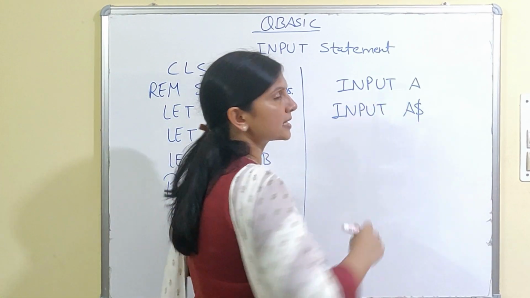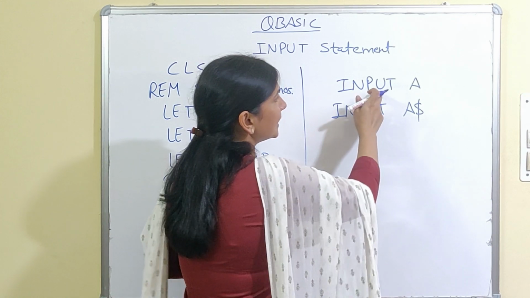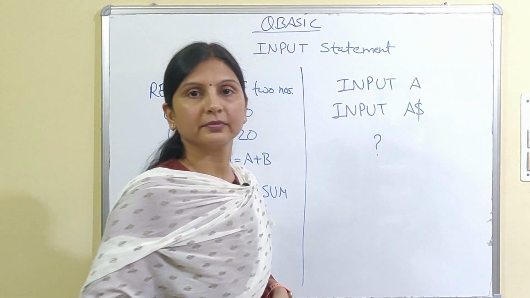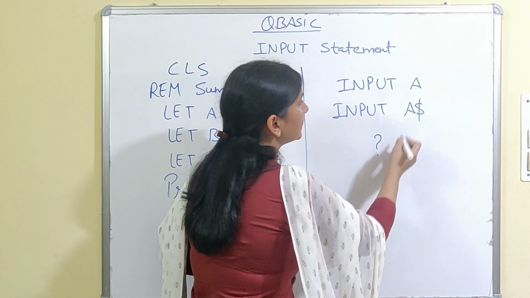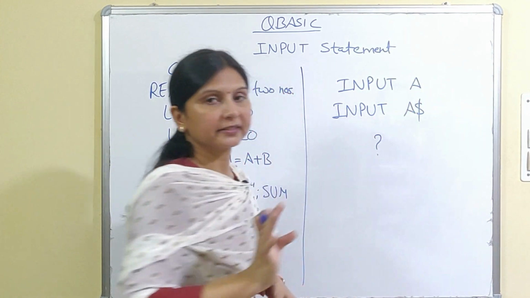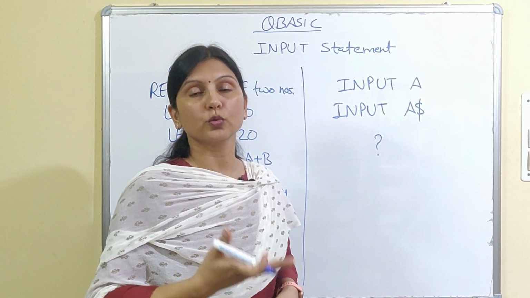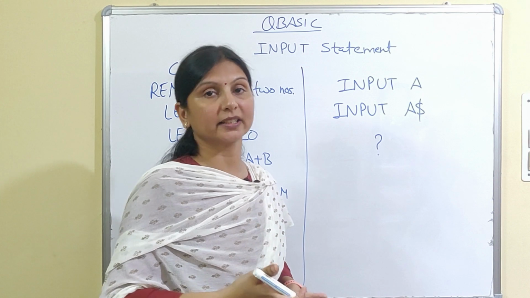When you run this statement, due to INPUT you will get a question mark. Then it will wait. What is it waiting for? It is waiting for user input so that we can enter the value.